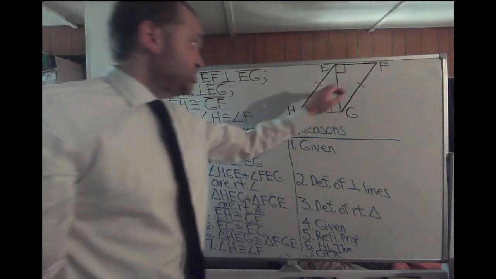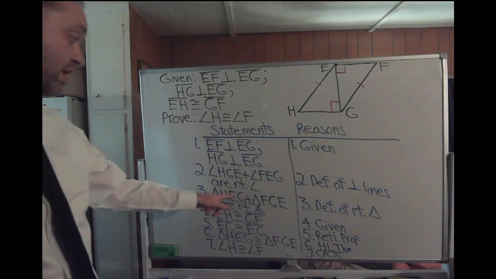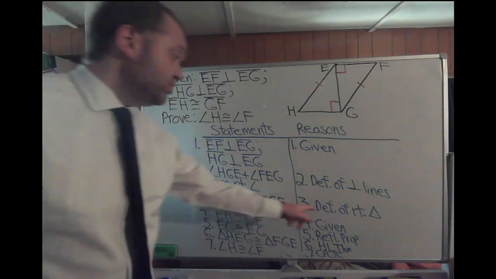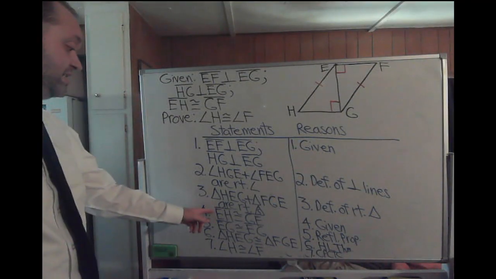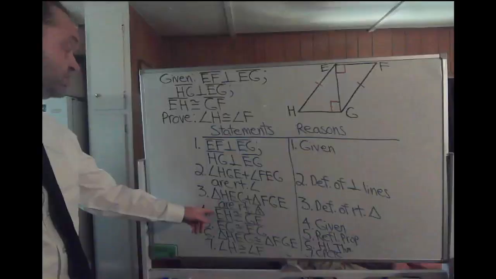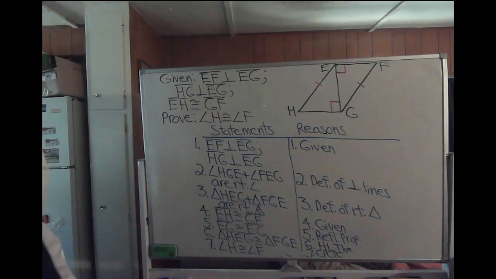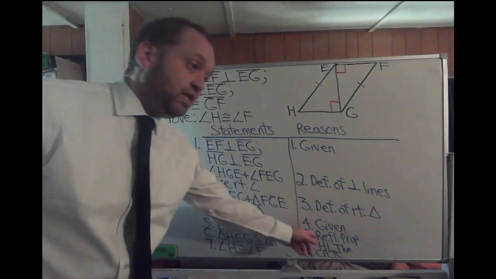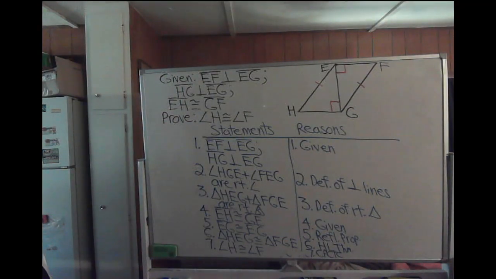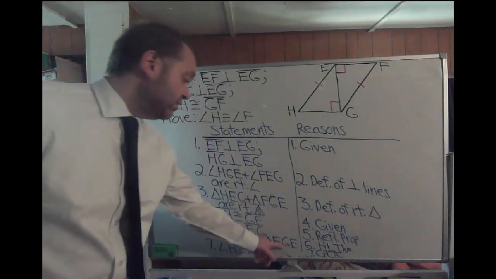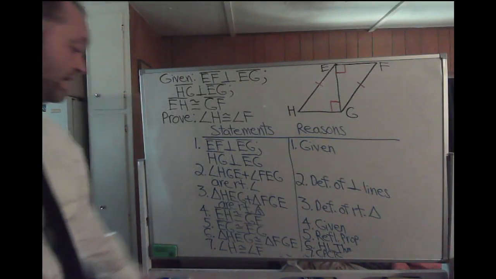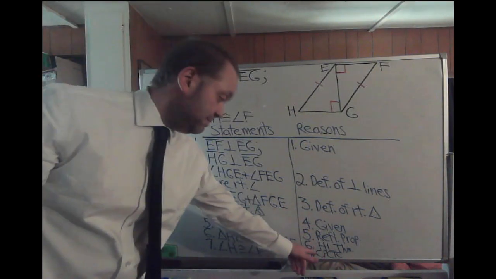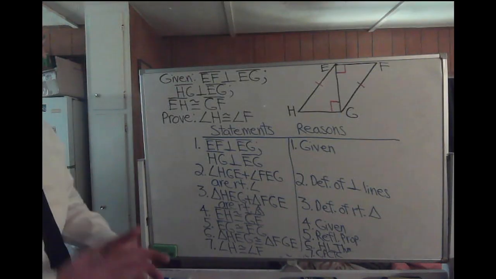Which now, since both of these triangles have a right angle, that means triangles HEG and FGE are right triangles by the definition of right triangles. Then we use the last piece of given information for step 4, that EH is congruent to GF, that was given. And then obviously EG is congruent to EG by the reflexive property, which then leads us to conclude that triangle HEG is congruent to triangle FGE by the hypotenuse-leg theorem. And then last but not least, angle H is congruent to angle F by CPCTC. Corresponding parts of congruent triangles are congruent.